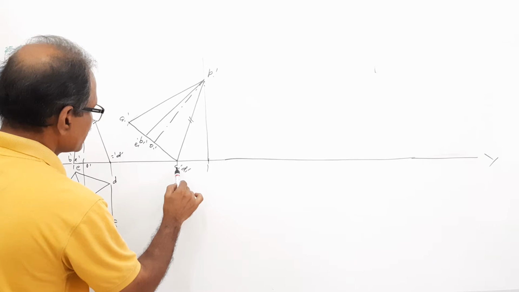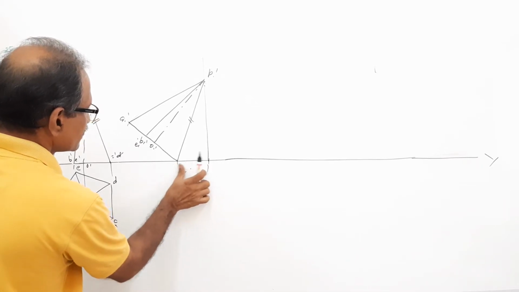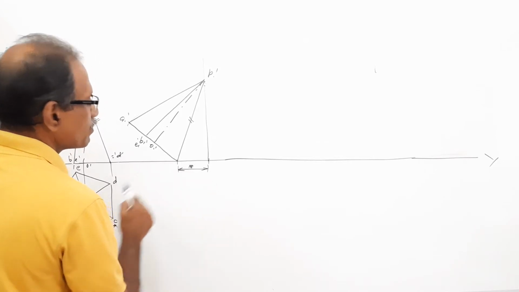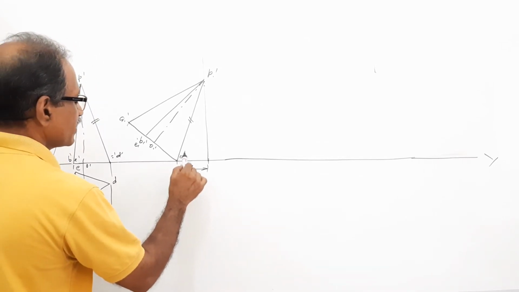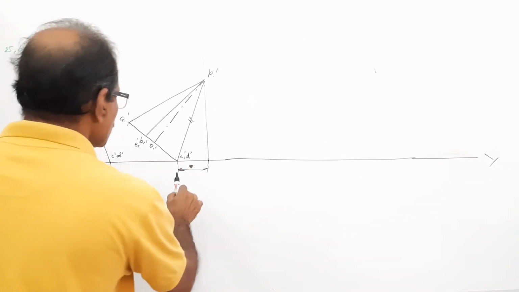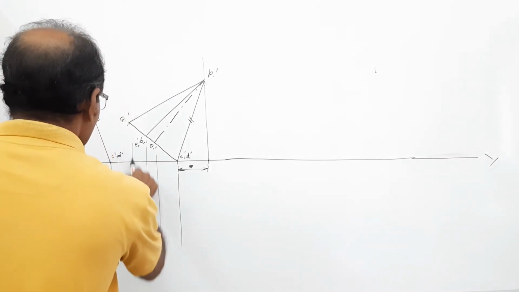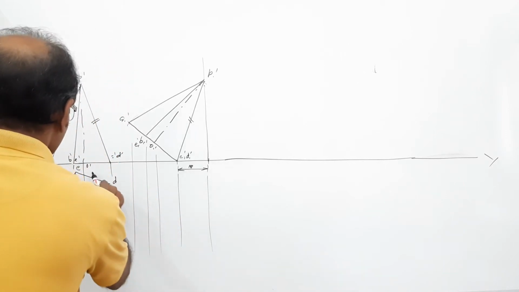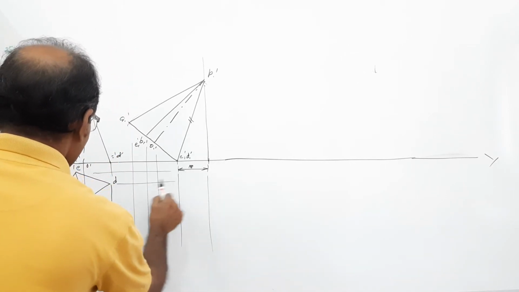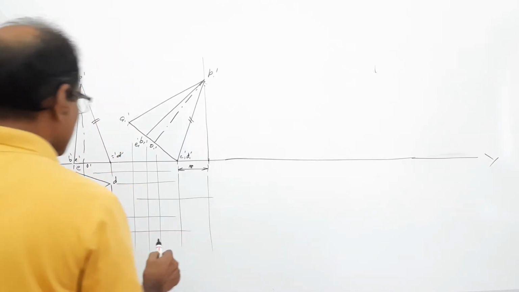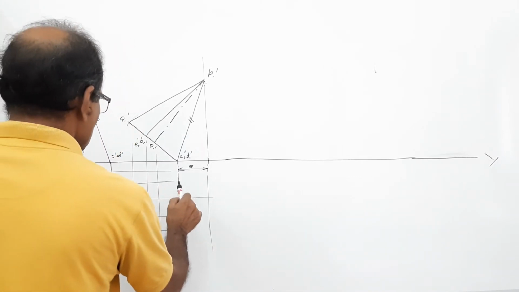This is 18 mm. This is C1 dash, D1 dash. Reproduce a new plan. You are simply drawing by redrawing method, isn't it?